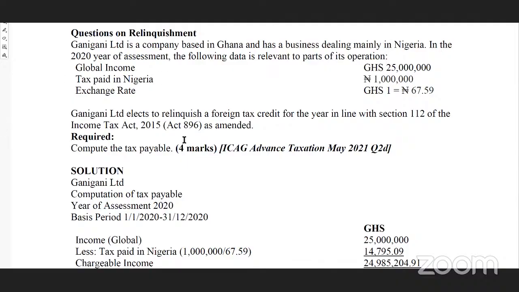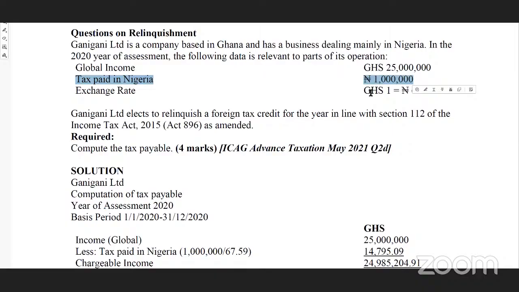Now, let's look at this. Because we talked about relinquishment, let's see. That's the deduction method. Gani Limited is a company based in Ghana and has a business dealing mainly in Nigeria, right? In the 2020 year of assessment, the following data is relevant to parts of its operation. So it made global income, which is 25 million Ghana cedis, and it paid tax of 1 million naira in Nigeria.